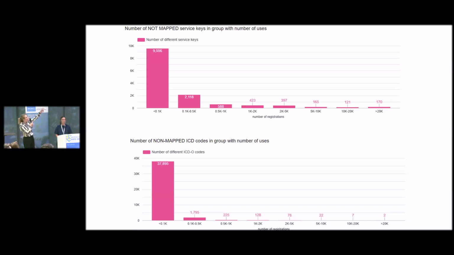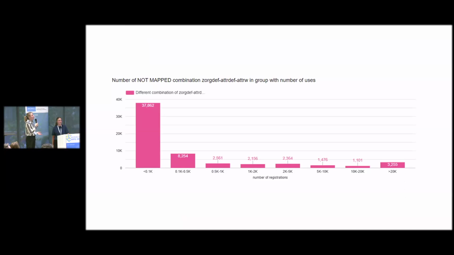There is a big part that is being used less than 100 times, which of course doesn't mean that it's not an important code. It could be like a very zeldzaam, what's the word? Rare, thank you, disease or whatever. But it gives us an indicator that we did something good, probably, yes.